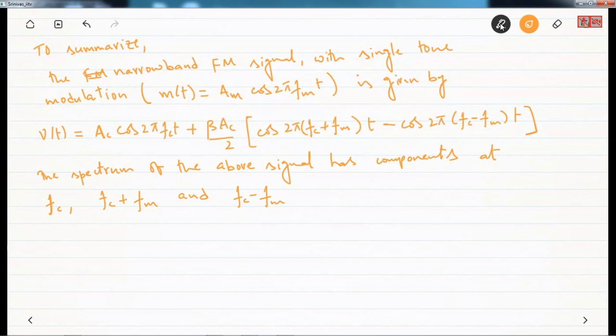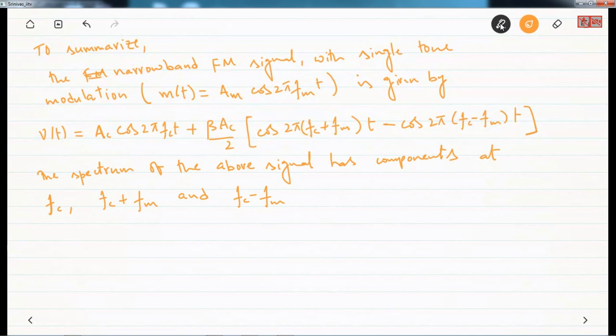If you just look at this signal and think about its Fourier spectrum, this is the time domain signal, the narrowband FM signal with single tone modulation expressed in the time domain.